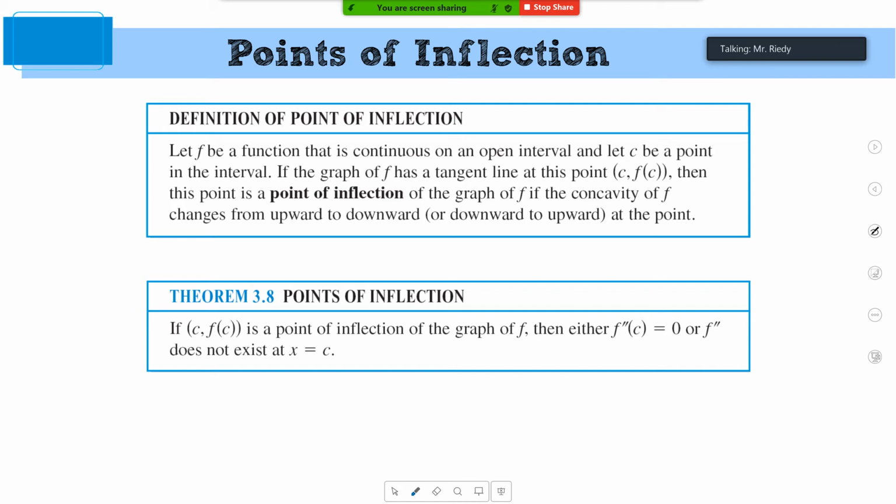This bottom rectangle is a fancy way of saying points of inflection must be critical numbers for the second derivative. The dog and golden retriever relationship we had with critical numbers and maxes and mins from the first derivative also applies here. All points of inflection are critical numbers. Not all critical numbers are points of inflection. Okay, good.